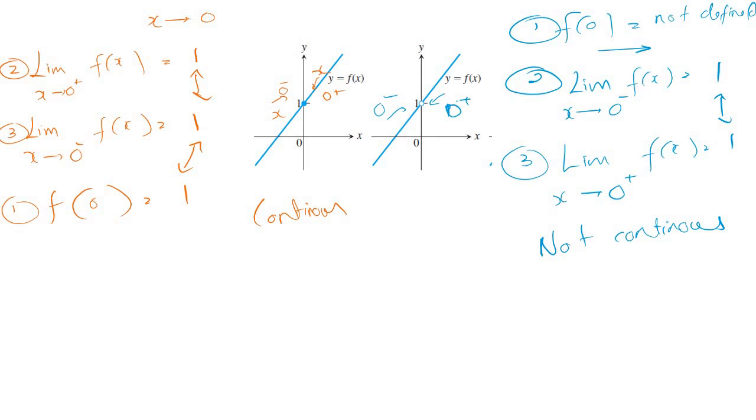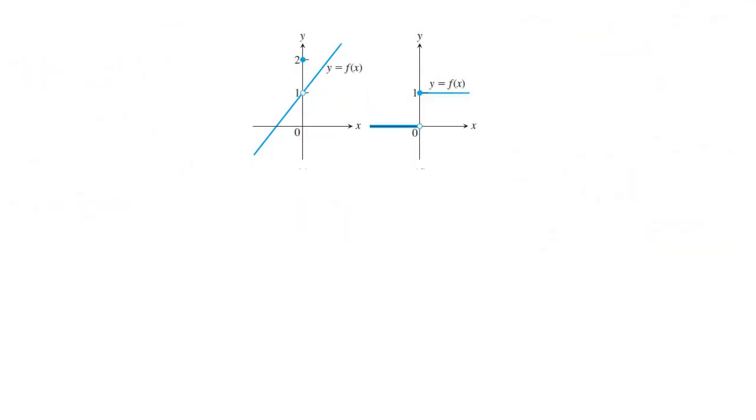Let's look at one more example quickly. Here, let's take the three conditions. Here we have f(0) is equal to 2. That is, at 0 the function is 2.